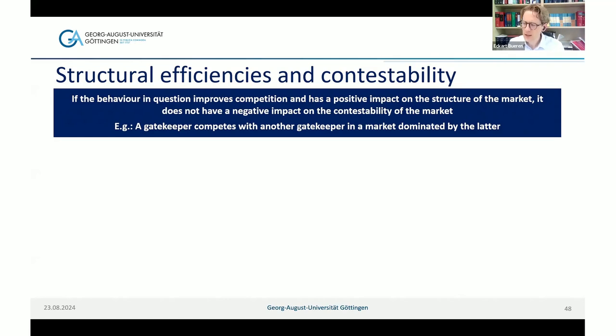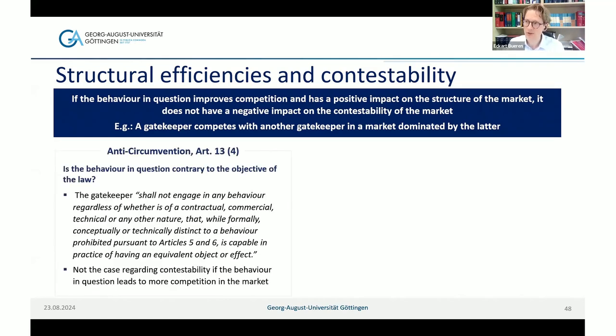The first is a provision that I've mentioned only briefly so far, the anti-circumvention provision. I've mentioned that the gatekeepers usually design the remedies or their compliance measures themselves. And there's the risk that the gatekeepers might do this in a very lenient way because they do not want to fully comply. They want to comply with the wording, but not the goals of the DMA. And therefore, there's a very broad anti-circumvention provision. It's actually extremely broad.